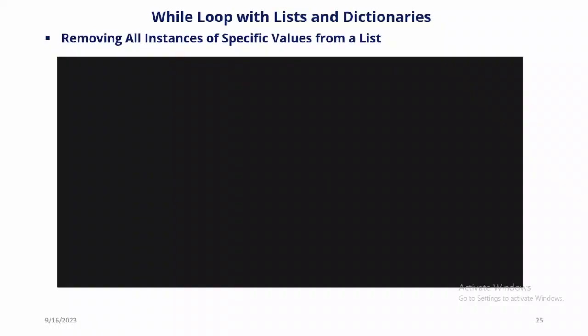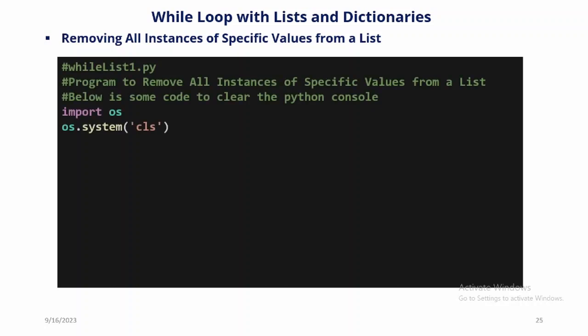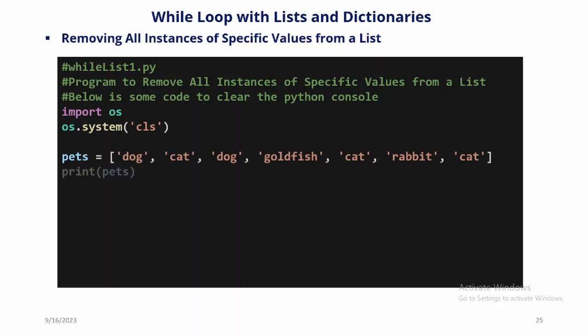Now, still working with lists and dictionaries, let's see how to remove all instances of specific values from a list. This is very practical. We'll call it while list 1. So we have a list of pets: dog, cat, dog, goldfish, cat, rabbit, cat. We want to remove some items from the list, so we have another list called pets to remove: dog, cat.